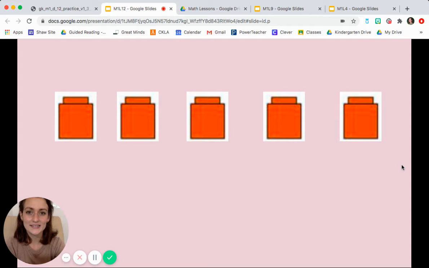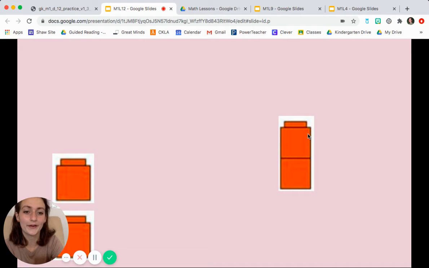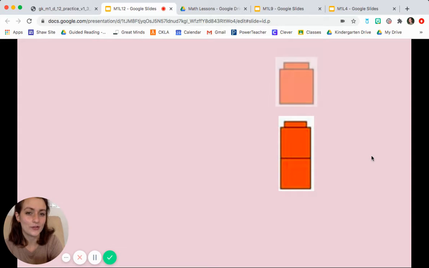So first, we're going to go ahead and take 2 cubes. Go ahead and take 2 cubes and put them in your hand. And then we're going to push those 2 cubes together, just like that. So go ahead and make sure you have a little tower of 2 cubes. Now, I'm going to want you to add another cube.